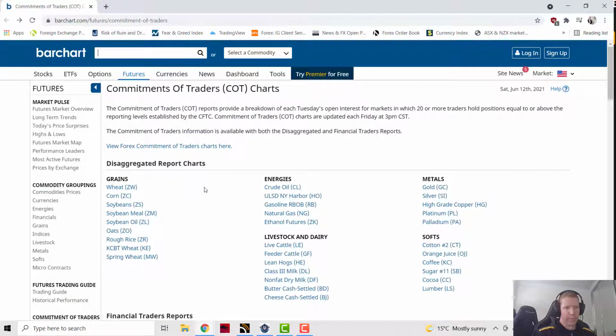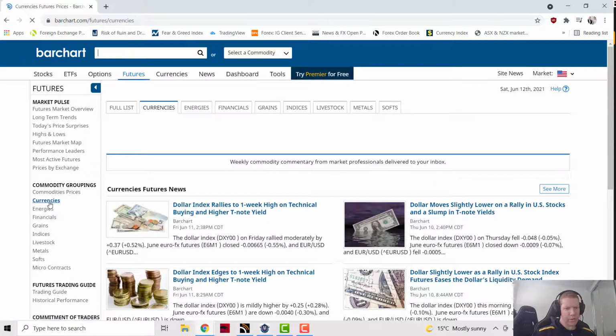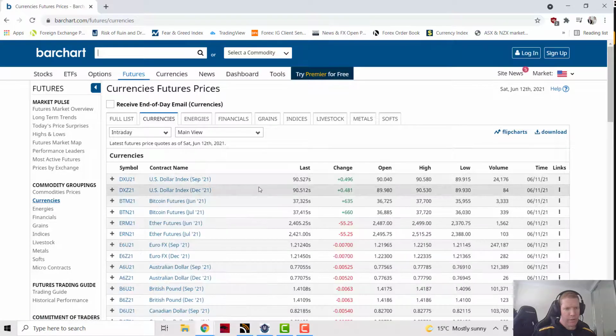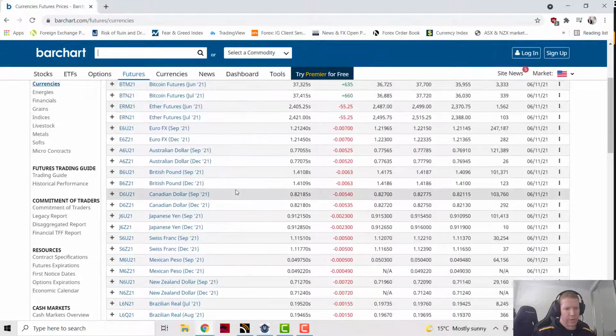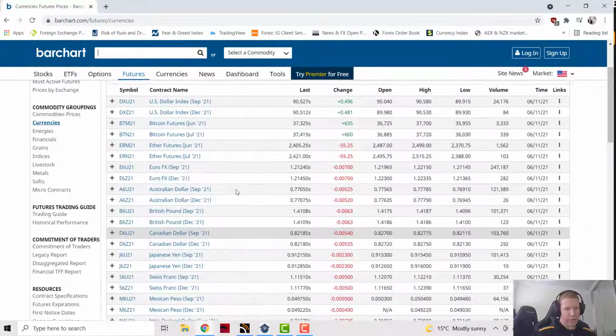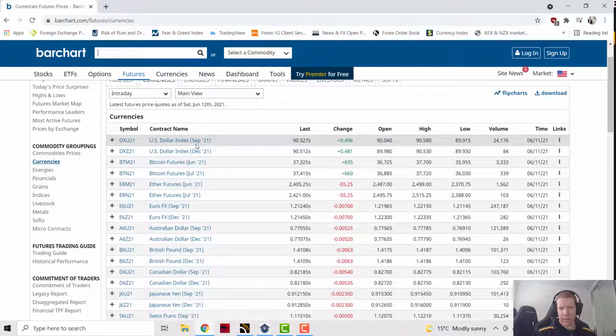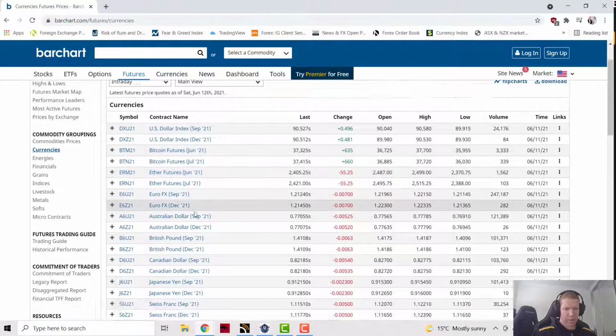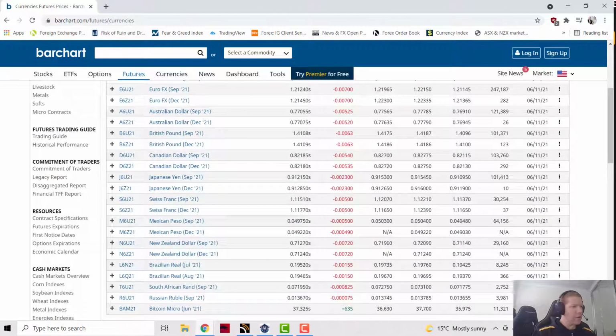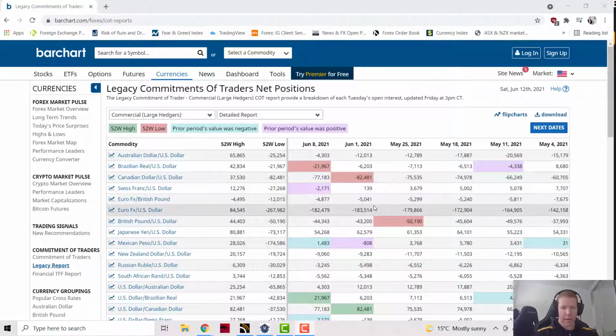Okay. Let's go to currencies. So we've got, should be at the top here, US index, not showing it, Canadian dollar. Alright guys, I found it here.